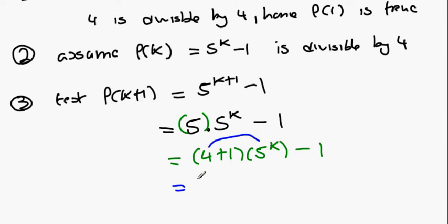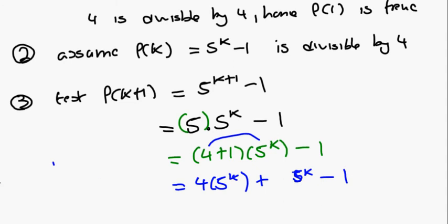It's going to be 4 multiplied by 5 to the power of k, and then 1 times 5 to the power of k. Now 1 times 5 to the power of k is in fact 5 to the power of k, so we don't need to worry about that there. Then we have minus 1 here.